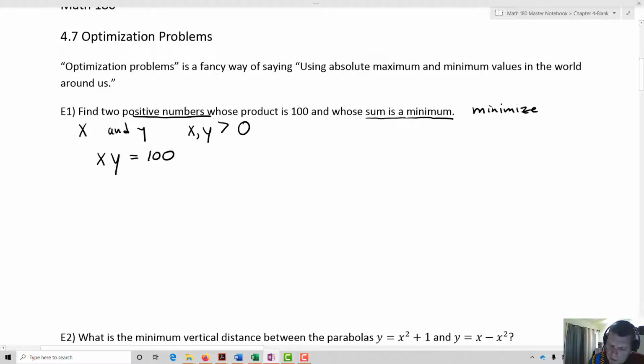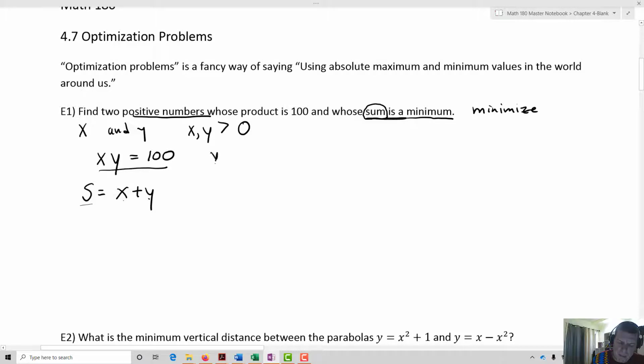So we're going to find a function of x and y for their sum. That's fairly simple: S equals x plus y. Now you'll notice that S is in terms of both x and y. What we want to do is eliminate one of those variables utilizing the other function. That way, much like the related rate problems, we get a single dependent variable in terms of a single independent variable.